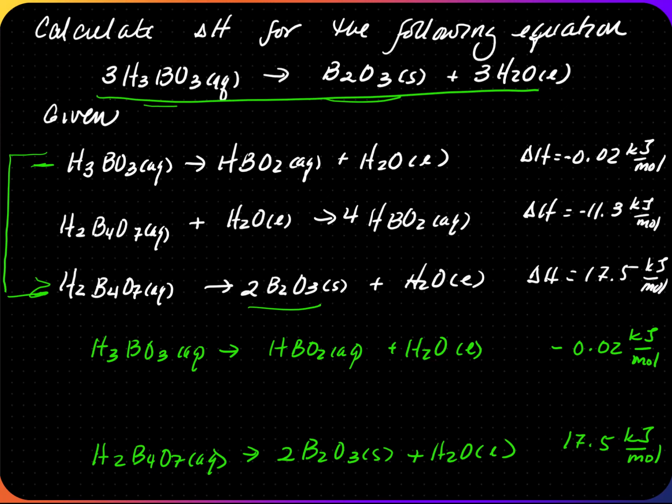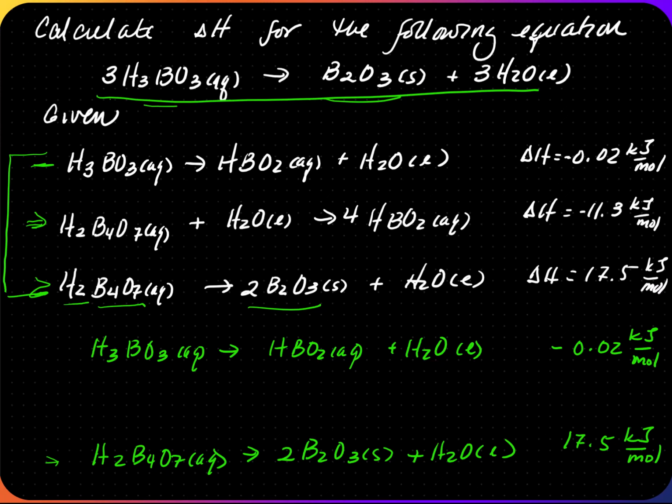So now let's look back at my middle equation. I have H2B4O7 on the reactant side, but it does not appear in the original equation. So that means the second equation, the H2B4O7, must be on the product side for the H2B4O7 to cancel out.